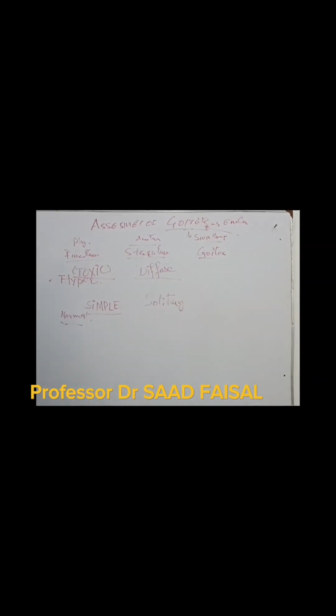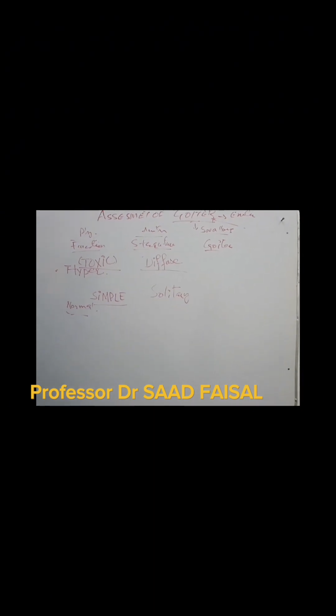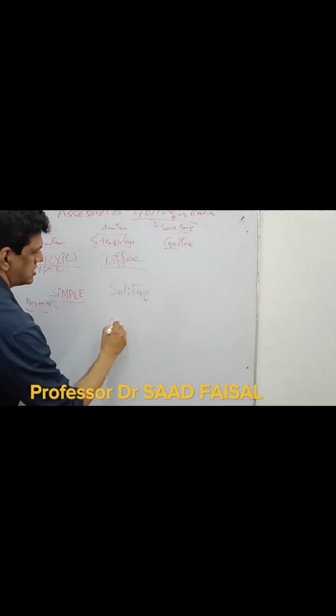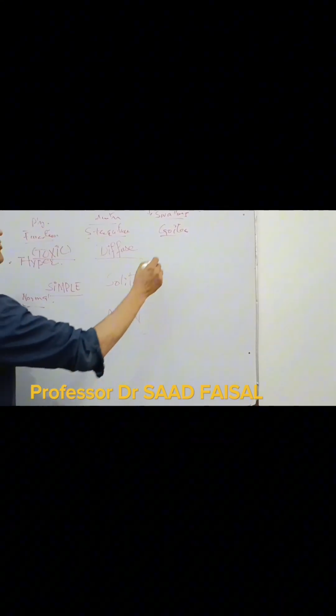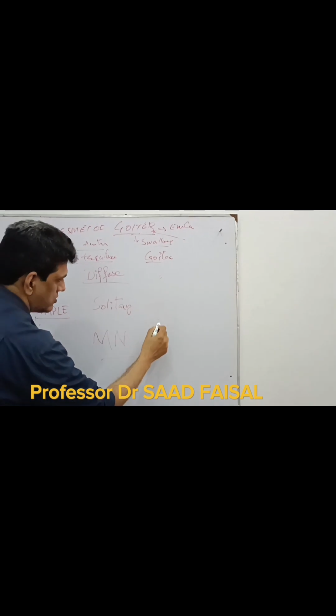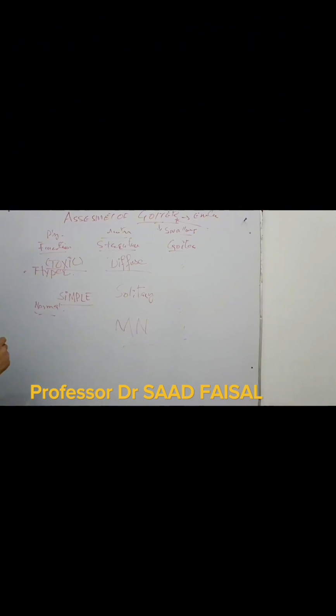And if you find out multiple nodules, then that will be called as multinodular goiter. I'm writing down MN, multinodular goiter. So all the terms go with goiter. So there are three possibilities, six possibilities then.